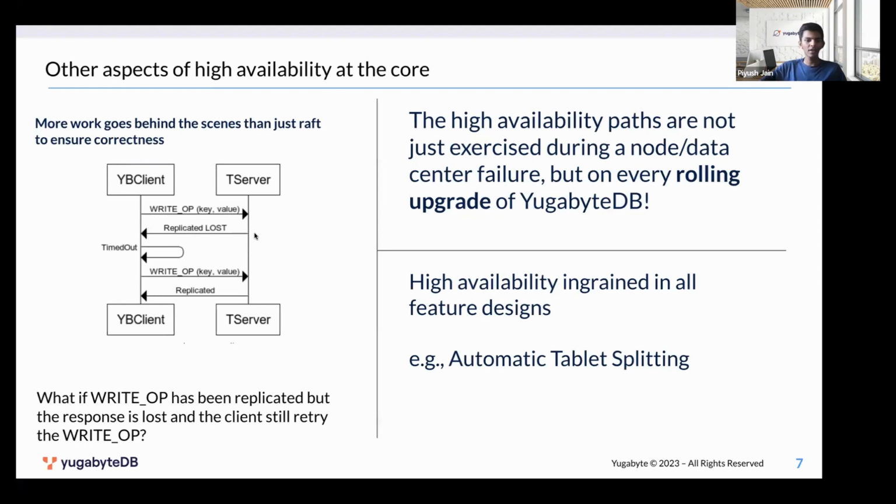The operation goes to the T server, and let's assume the operation was completed, but because of distribution and async RPCs, you don't get back the response. So the query layer thinks it's timed out and retries the request internally. This can result in duplication of a write.